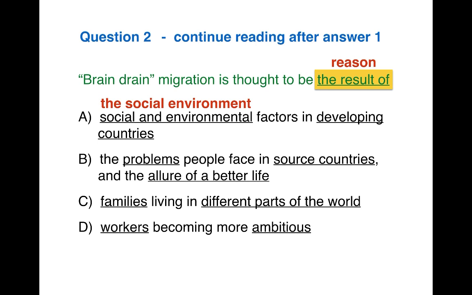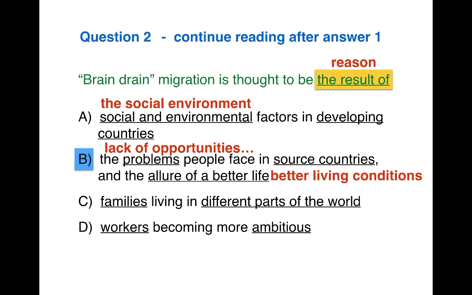It said things like lack of opportunities, there was political, health, so there were problems mentioned in source countries, and the allure of a better life means the attraction of a better life. And it did say that other countries offer better living conditions. So B looks like it should be the answer.